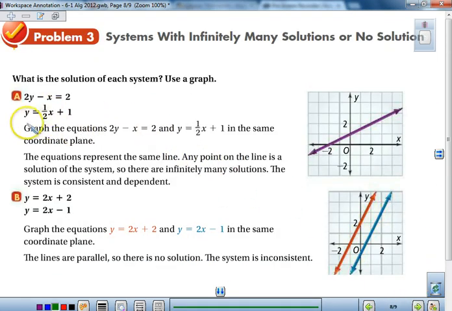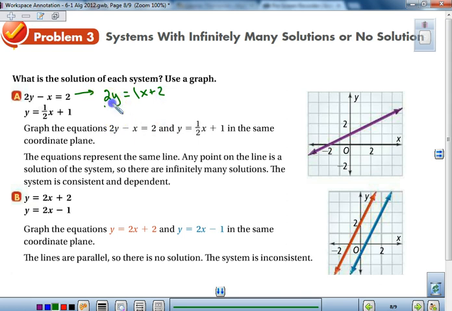So if you would be graphing this first example, 2y minus x equals 2, and y equals 1/2 x plus 1. Now, if I'm looking at this first equation, I might want to rewrite it in slope-intercept form. And when you do that, that means you're going to add x to both sides. You would now have 2y equals 1x plus 2.